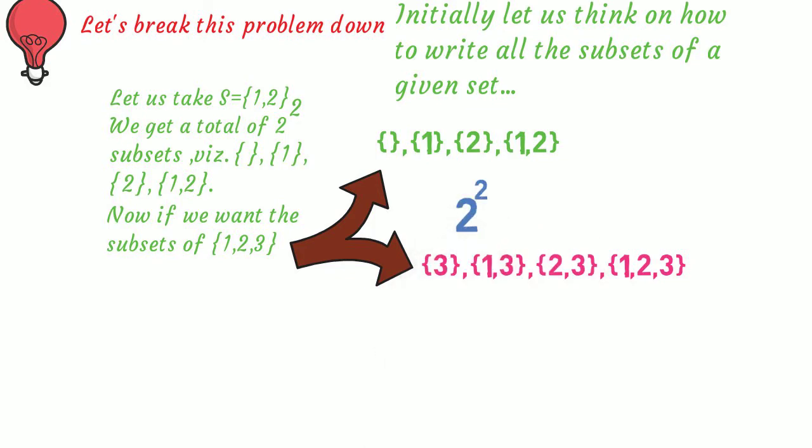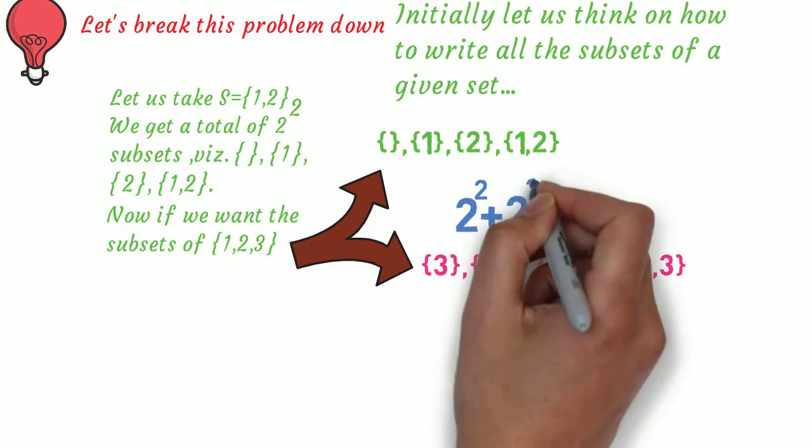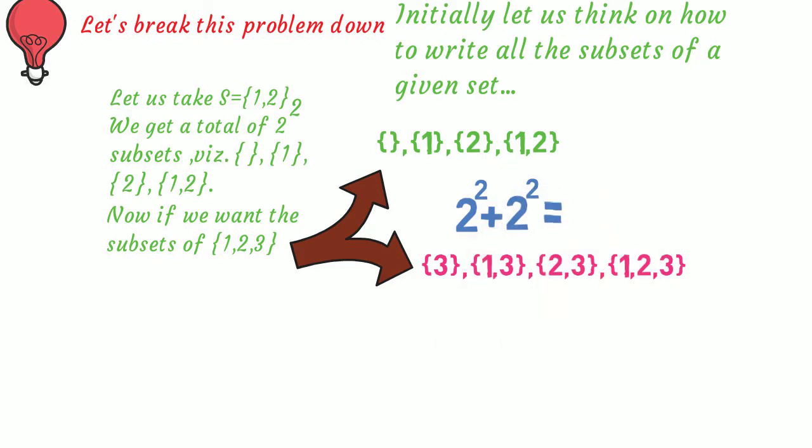And the most important thing is that there is no other subset other than the ones discussed above. You have 2 square subsets above and 2 square subsets below. Together they form 2 cube subsets. Now we are going to use a similar ideology to solve this problem.